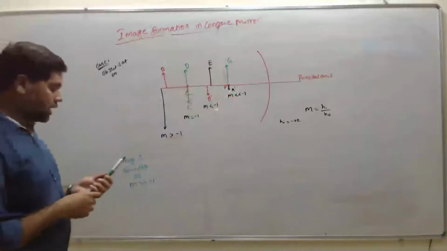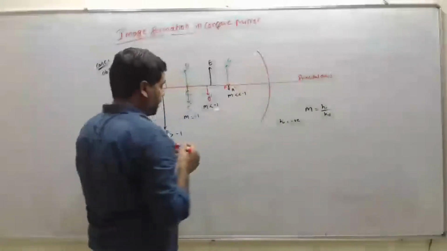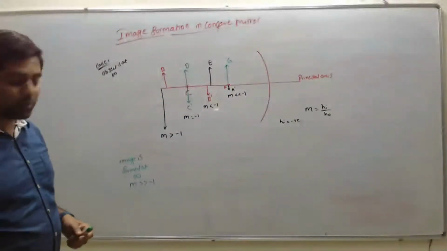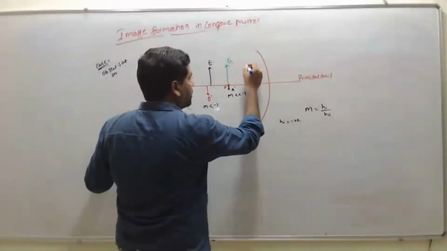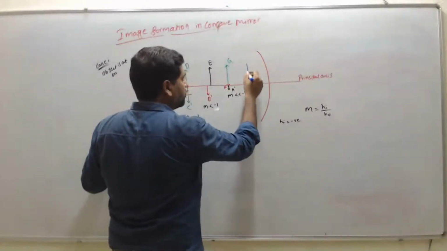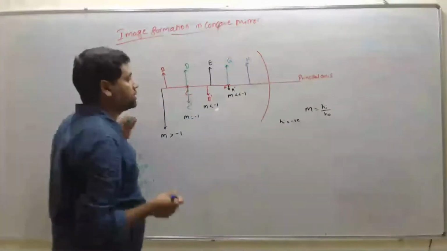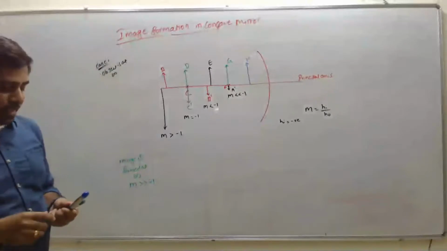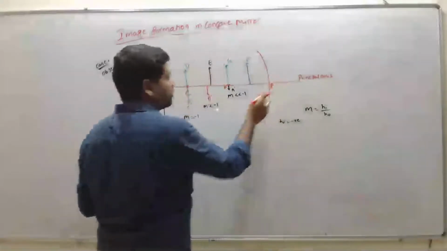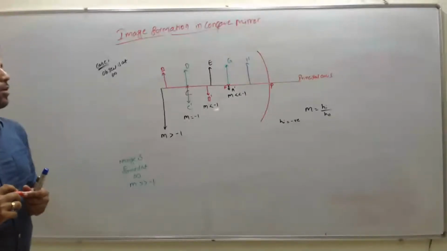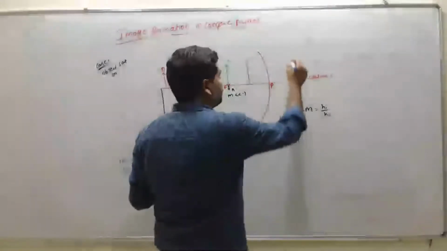Next, the last case is if I place the object in between the focus and the pole, here taken as H. So here is the pole. The object is between the focus and the pole.